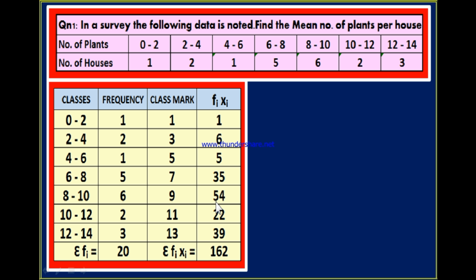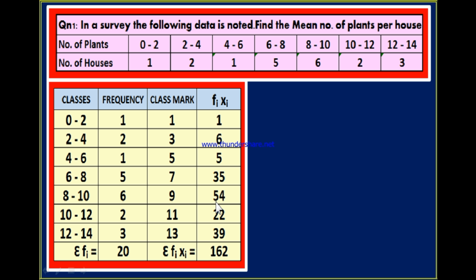In the 200 to 250 class, the frequency is 12, in 250 to 300 the frequency is 14, in 300 to 350 the frequency is 8, in 350 to 400 the frequency is 6, and from 400 to 450 the frequency is 10, isn't it? These two columns, classes and frequencies, are given in the question itself.